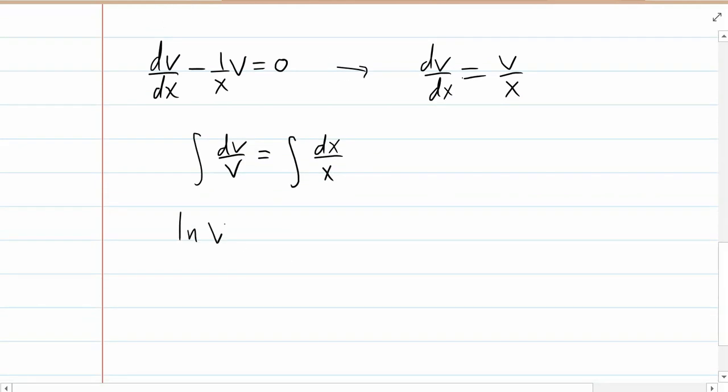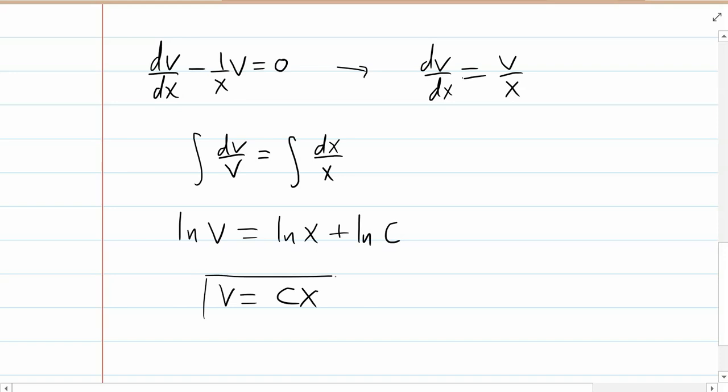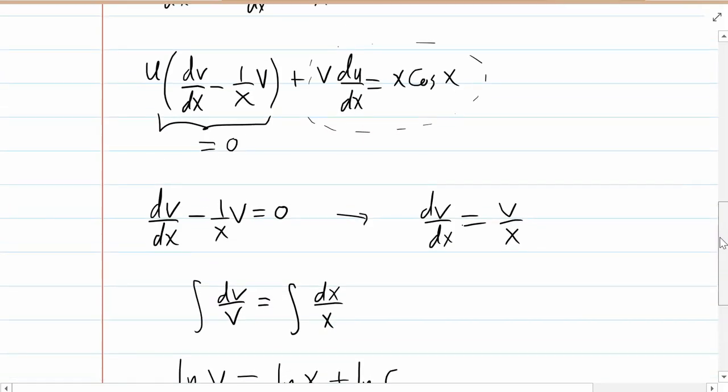Integrating, we get natural log of v is equal to natural log of x plus the natural log of some constant. Using the properties of logs and taking the exponential on both sides, we get v is equal to c times x.